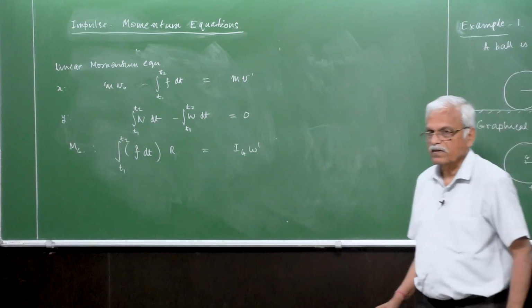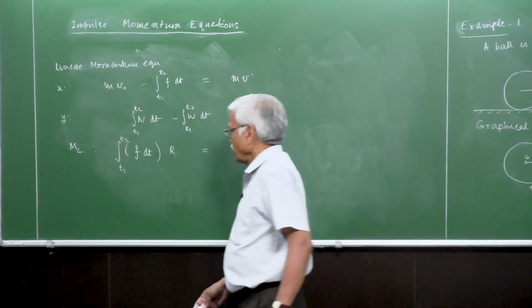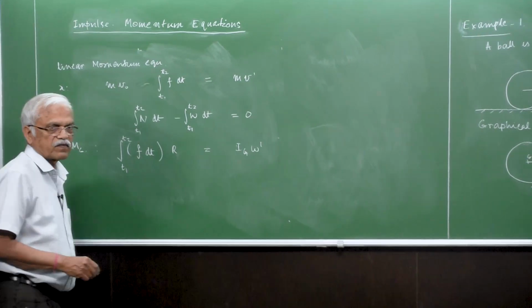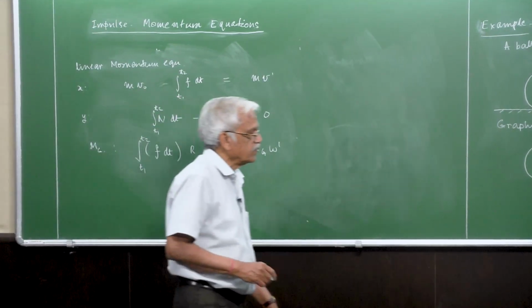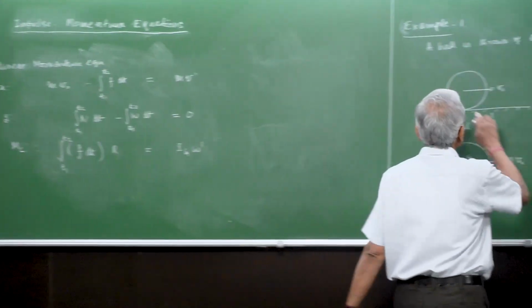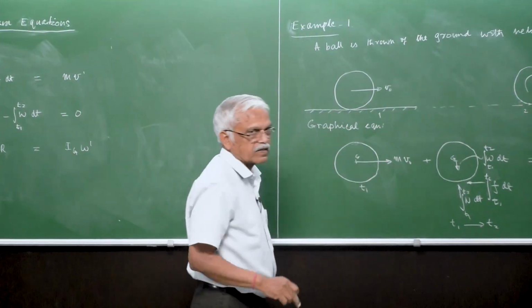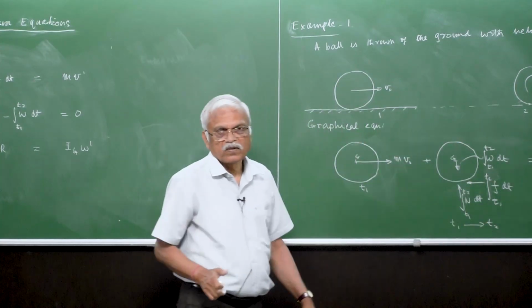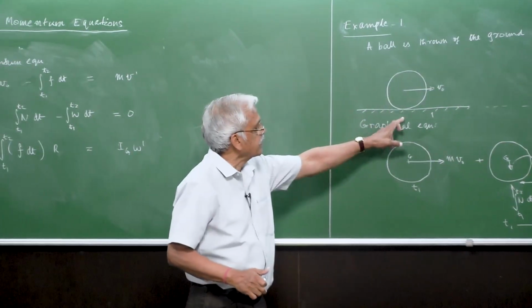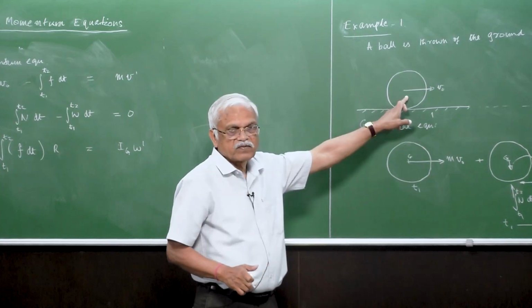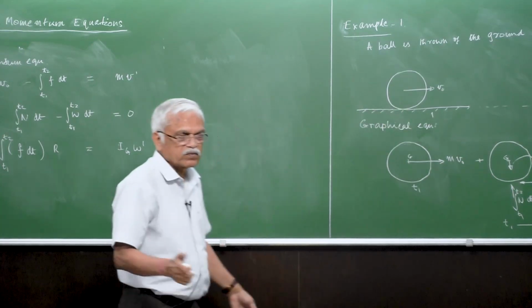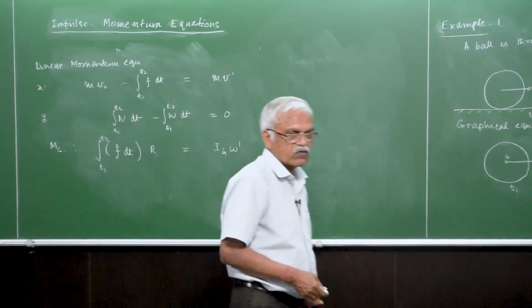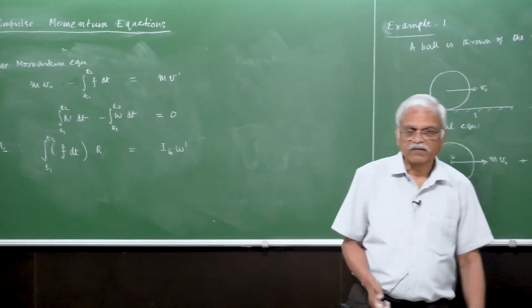What is the other equation we can use? The one more equation comes from the interaction between the wheel and the ground. During this process from T1 to T2, a certain slip is taking place between these two, so there is friction, and that horizontal force is nothing but the friction force.